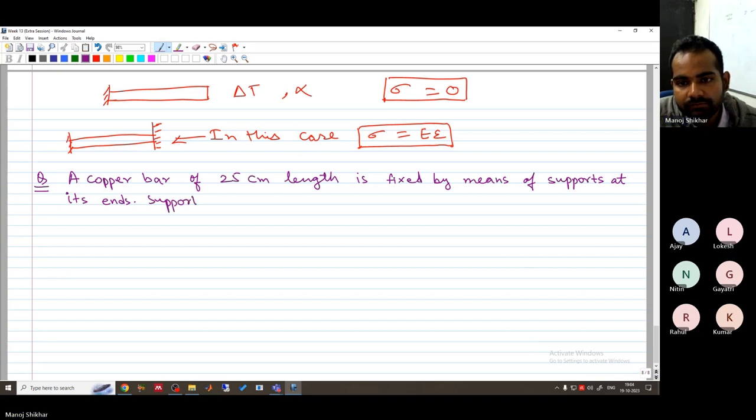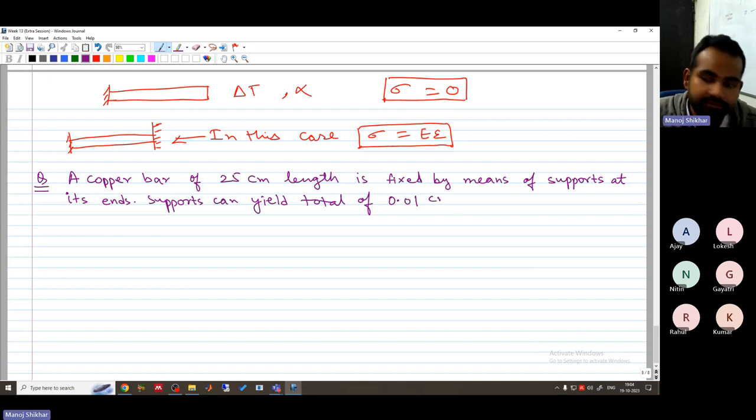Supports can yield a total of 0.01 centimeter. So the supports are movable and they can move a maximum of 0.01, so the total of delta 1 plus delta 2 of the supports is 0.01 centimeter. This is the yielding.